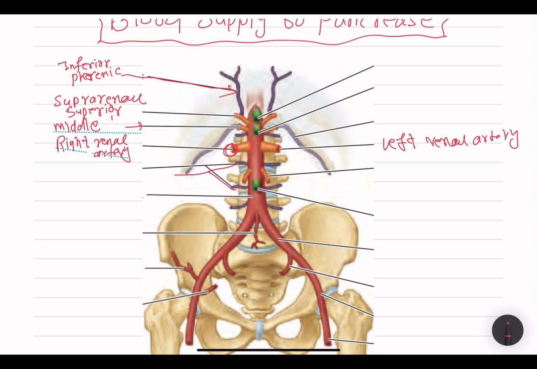This one will be our lumbar artery, and this is the main part I want to indicate first, up to here. All of this is called the abdominal aorta.